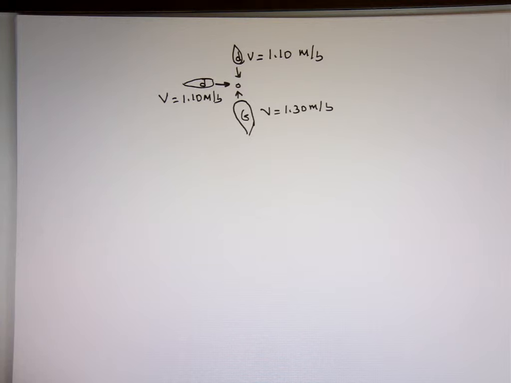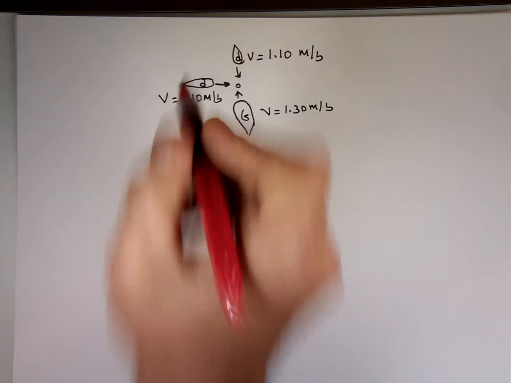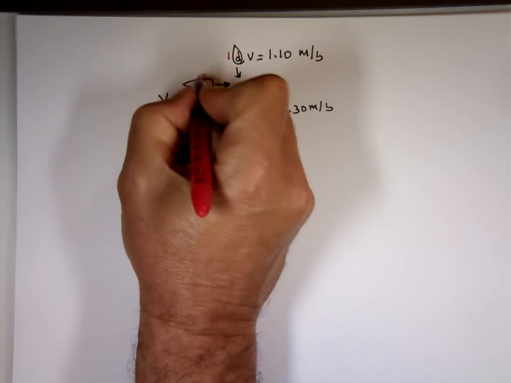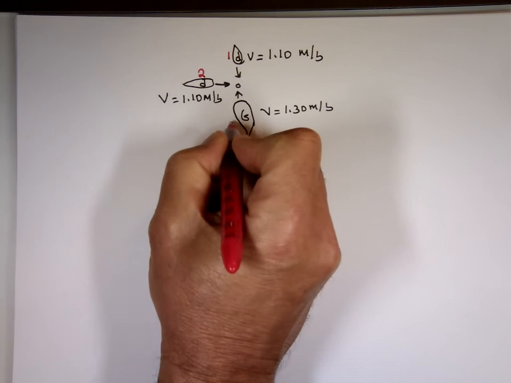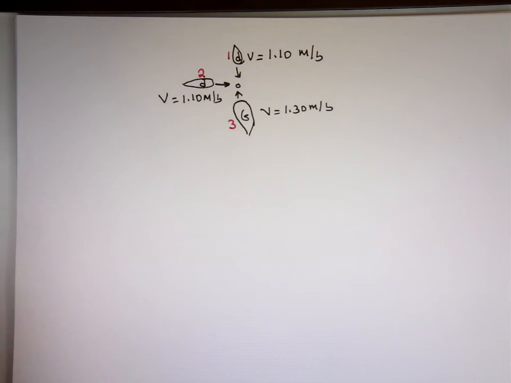Let's label these. The first duck is number 1, this is number 2, and the goose is number 3.